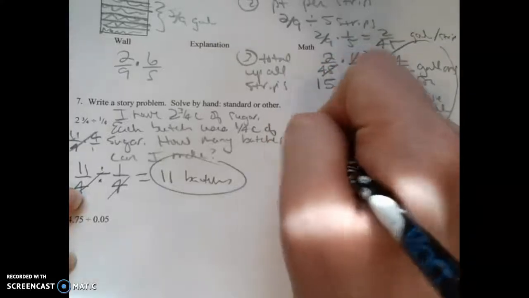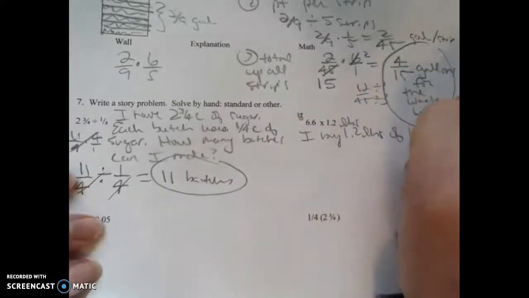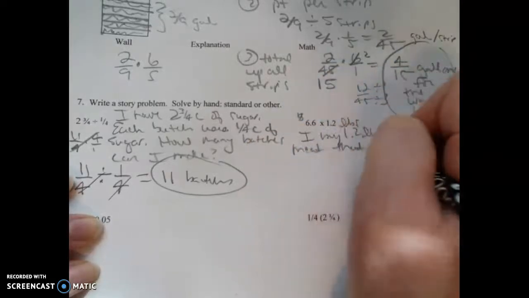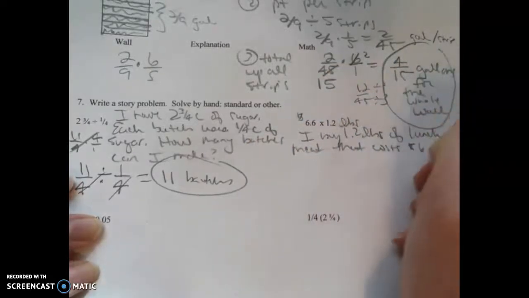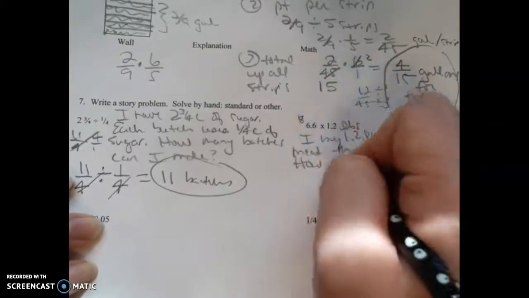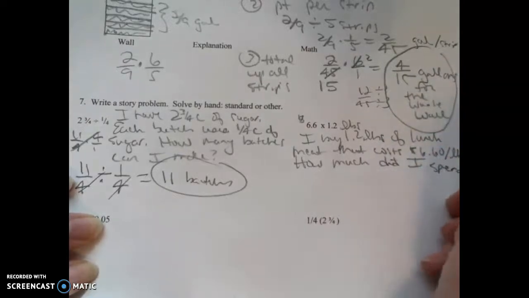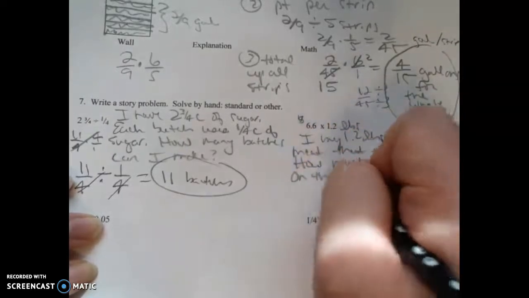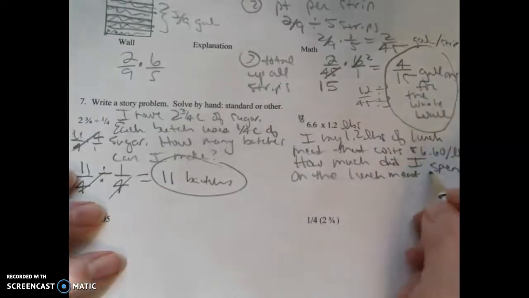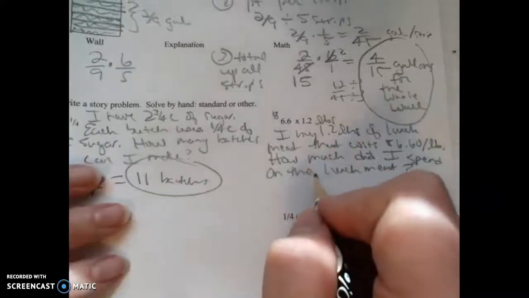So I buy 1.2 pounds of lunch meat that costs $6.60 per pound. How much did I spend on the lunch meat? I don't know if lunch meat is one word or two, so you can look up the spelling of that.